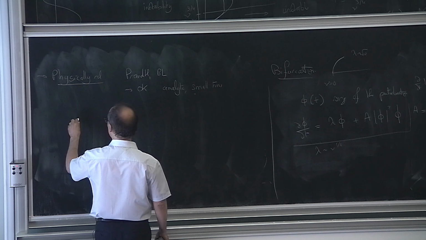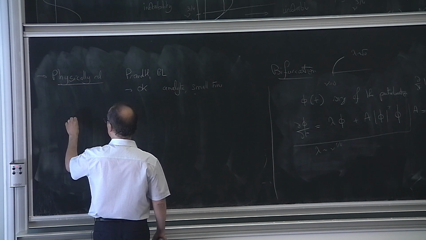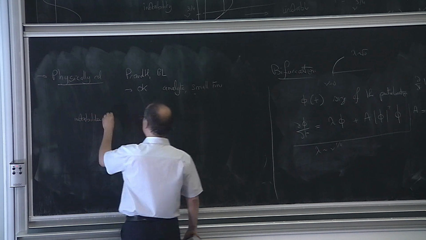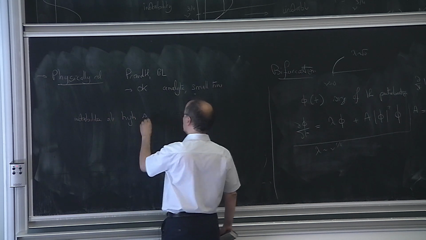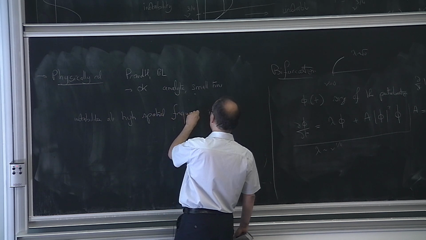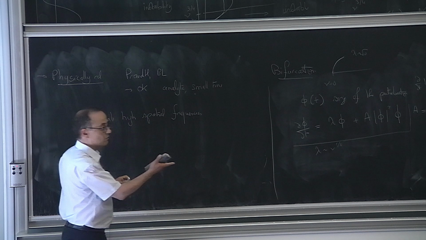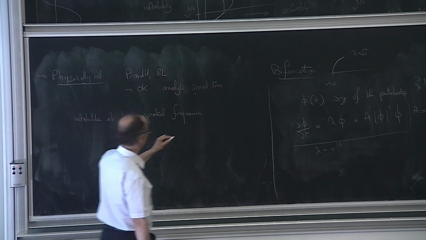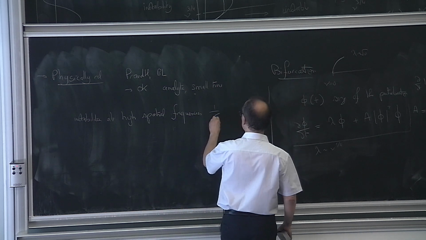Because of course what you get is instabilities at high spatial frequencies. So basically the instability of Prandtl occurs at very high frequencies, like 1/√nu, or even larger.